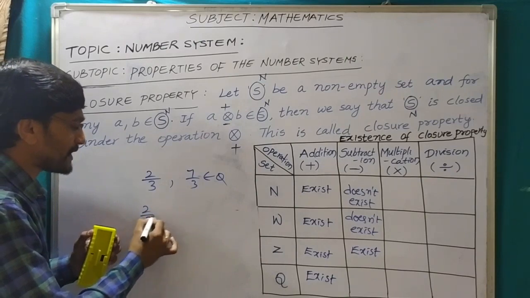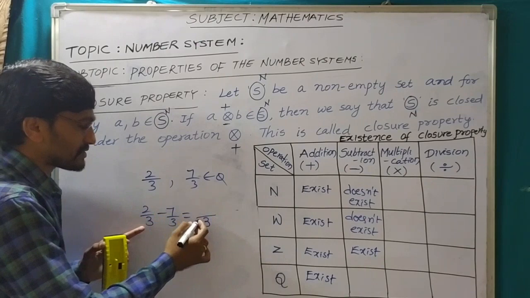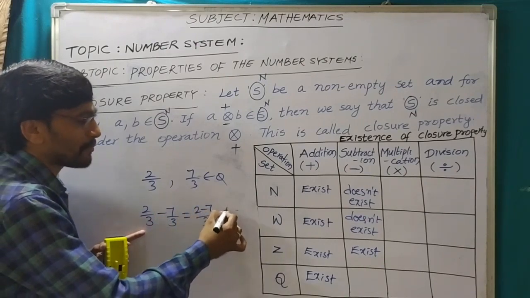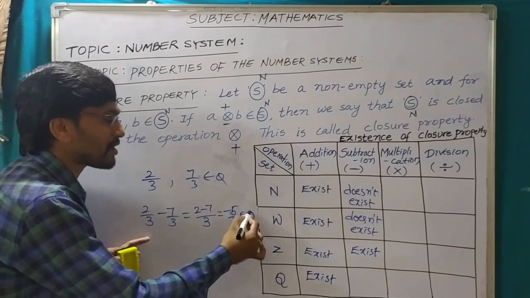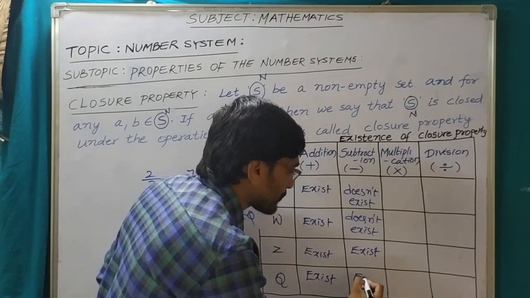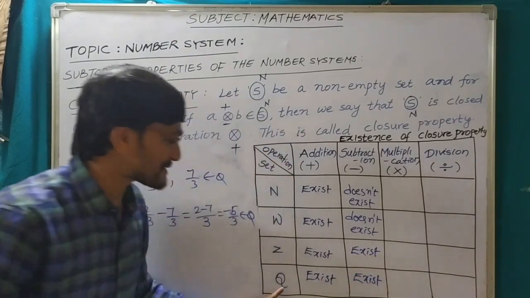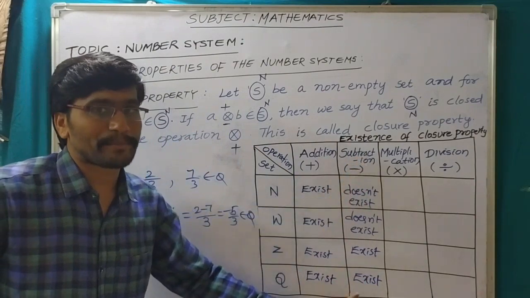Now take 2 by 3 minus 7 by 3. It gives what? 3 is the denominator. 2 minus 7 gives minus 5 by 3. Is minus 5 by 3 a rational number or not? Yes, minus 5 by 3 is a rational number. So we can say the closure property exists for rational numbers under the operation subtraction.